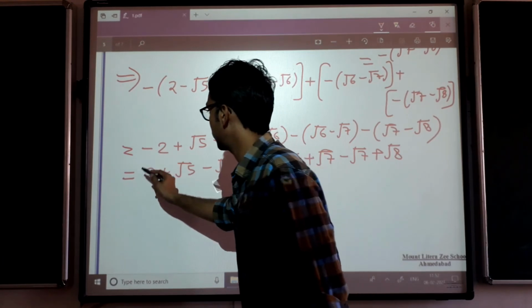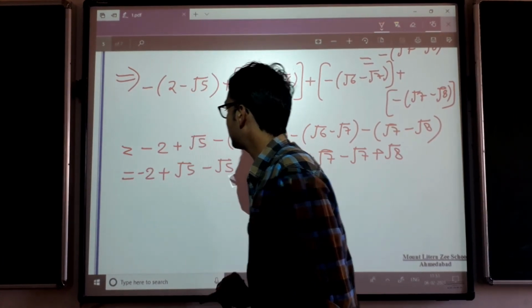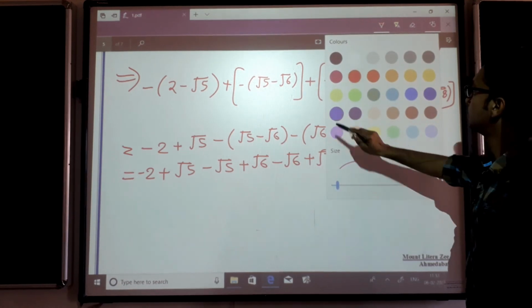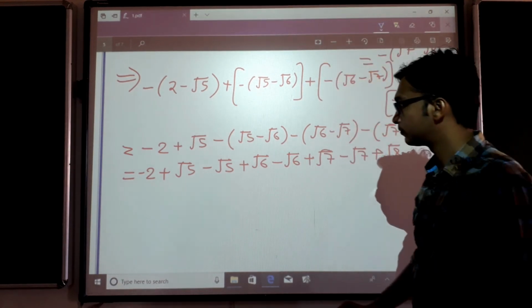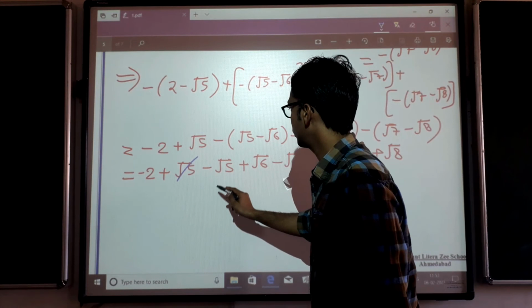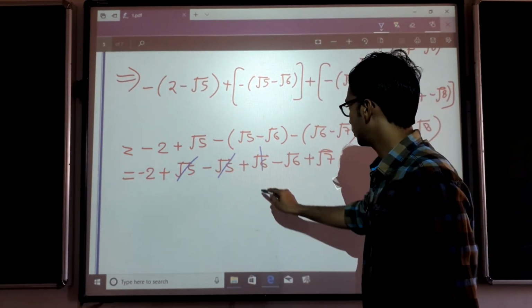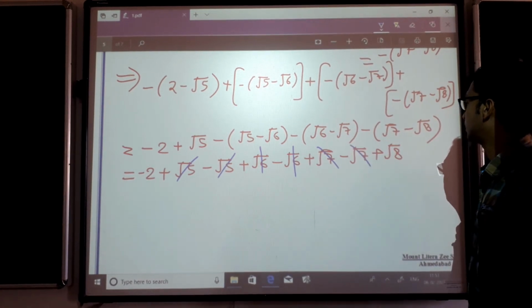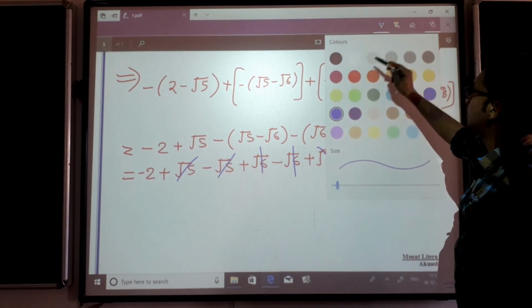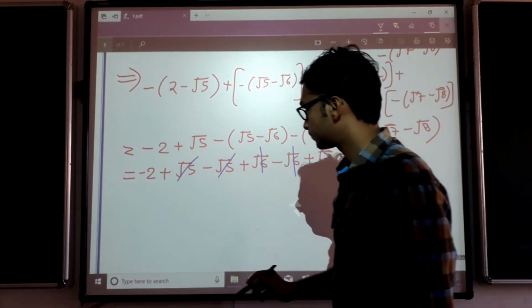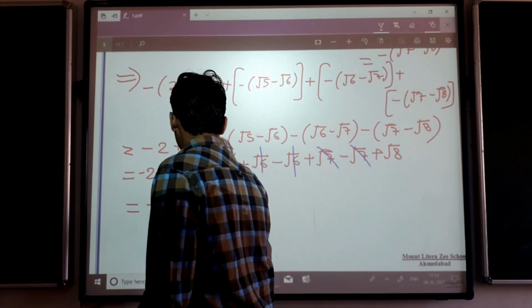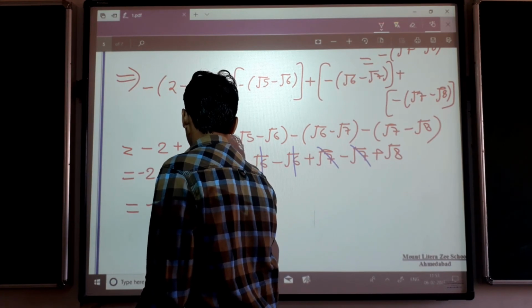Now we can cancel positive root 5 with negative root 5, positive root 6 with negative root 6, and positive root 7 with negative root 7. So we will be left with minus 2 plus square root 8.